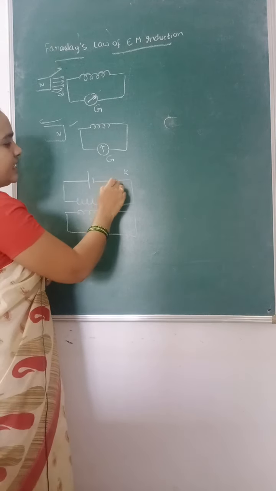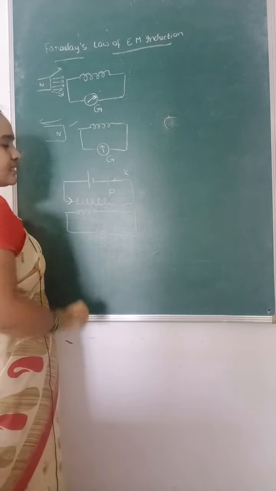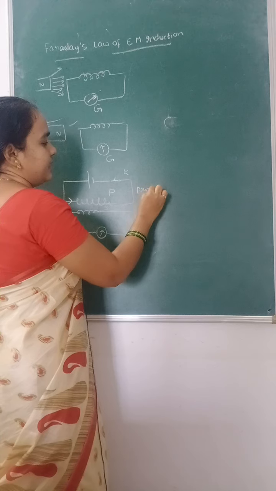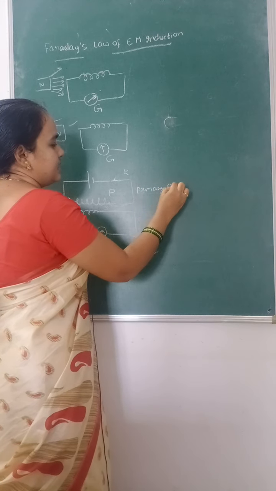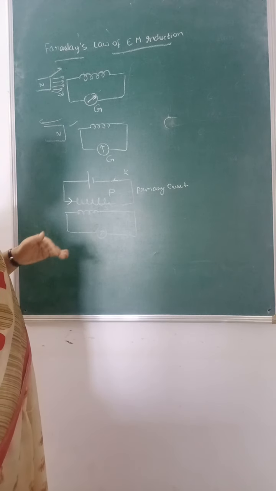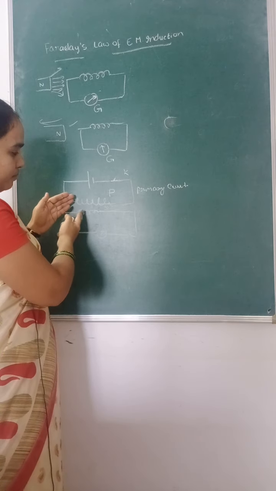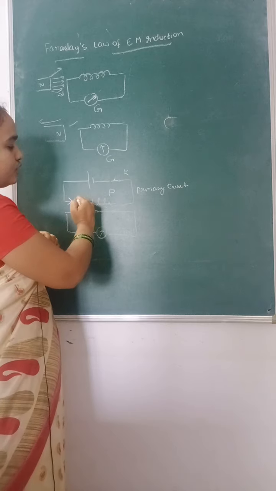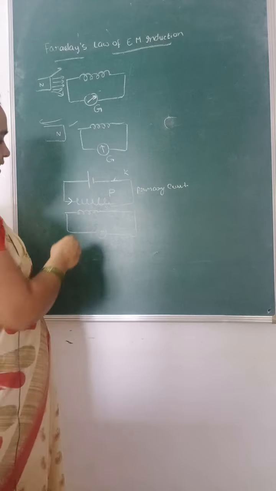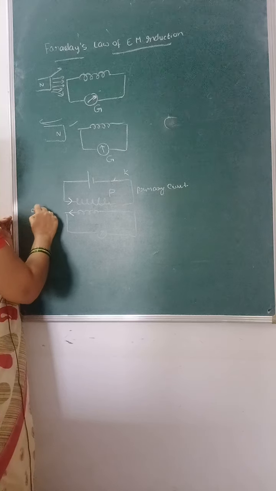Whenever the key is closed, the power supply generates a primary current in the primary coil. Due to mutual induction, since these two coils face each other, an induced current is generated in the secondary circuit, which is opposite to the primary current.